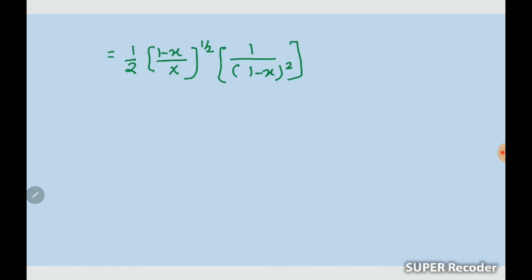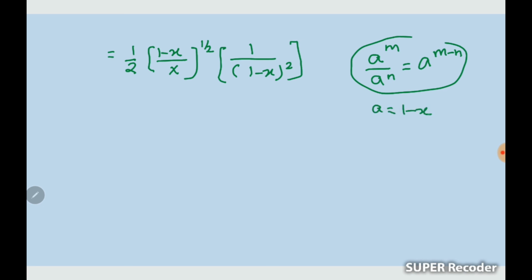Okay, now you can simplify by using another rule. Let's say a to the power of m over a to the power of n can be written as a to the power of m minus n, isn't it? So if you let a equals to 1 minus x, you can simplify these two terms.